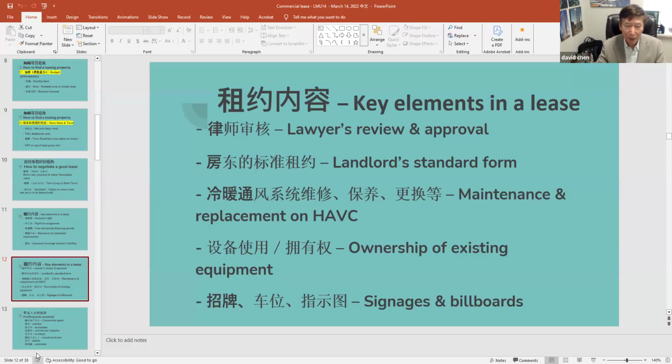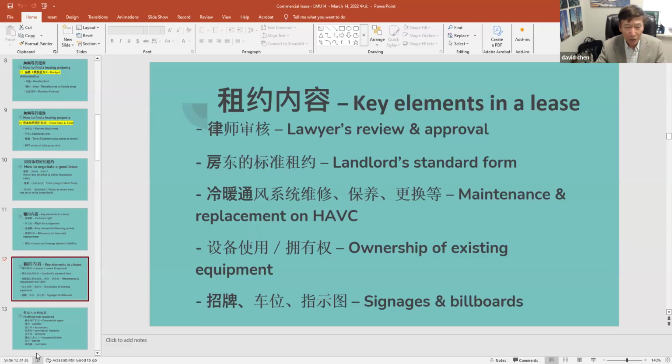The ownership sometimes depends on the business. If it's a sale of a business, in many cases the ownership is still with the previous business owner, not the landlord. So as a leasing agent, of course you have to ask the landlord as well, does this equipment belong to the tenant or the landlord? That should be put in the offer as well, a list of equipment owned by the tenant or by the existing owner. That way there's no misunderstanding. So this is one thing, please remember.